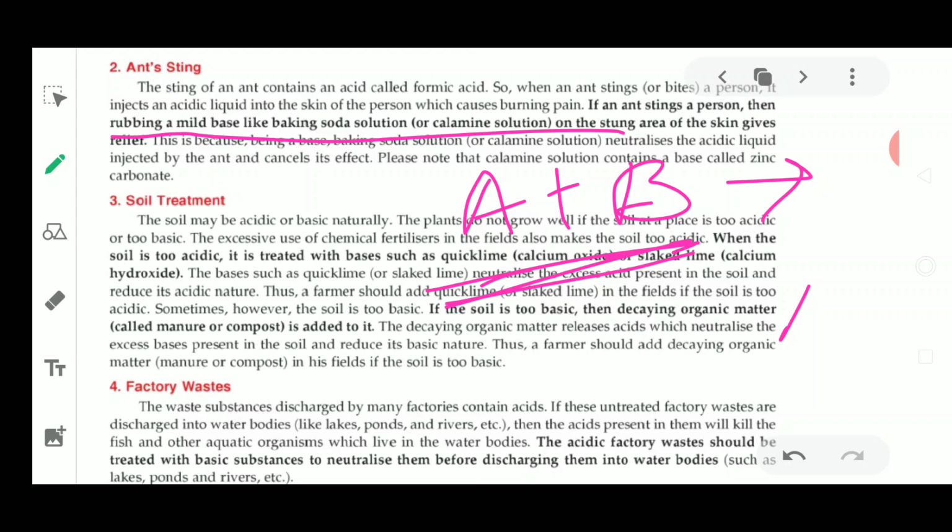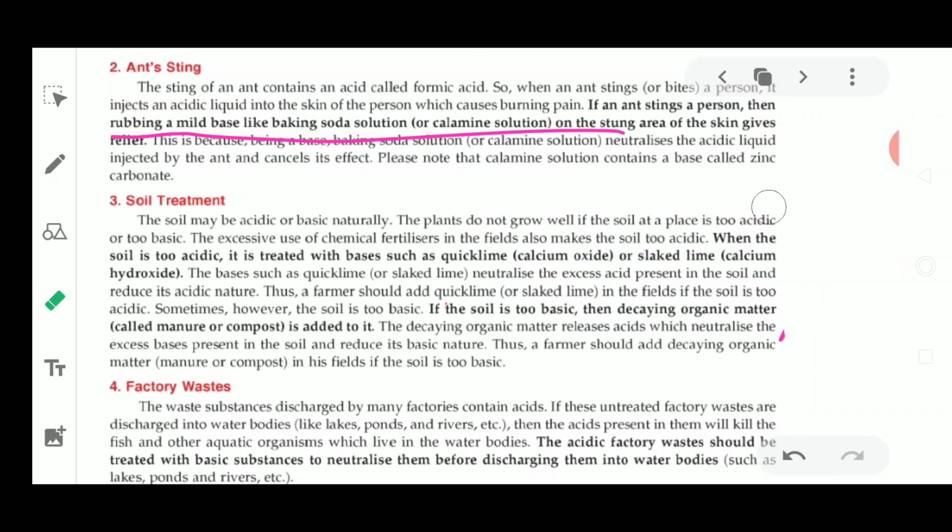So here the ant sting has formic acid, then you have to rub a mild solution of baking soda. This baking soda or calamine solution is going to give you relief, because, being a base, baking soda solution neutralizes the acidic liquid which is injected by the ant and cancels the effect.